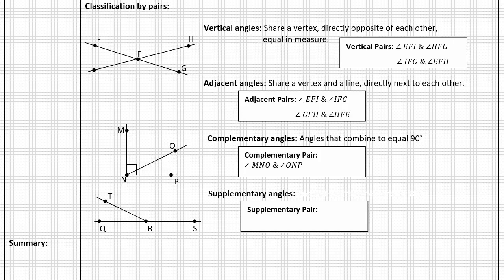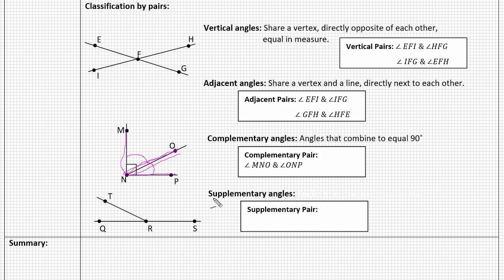So angle MNO, this part right here, is complementary to angle ONP. Because when you put them together and they are adjacent, because they share a vertex and this line here, they are angles that add up to 90 degrees, which makes them complementary.